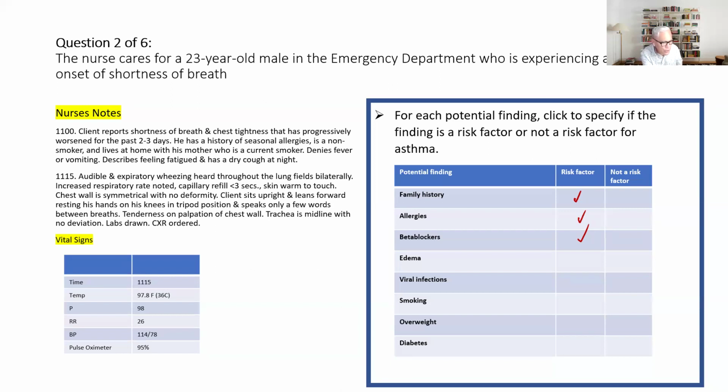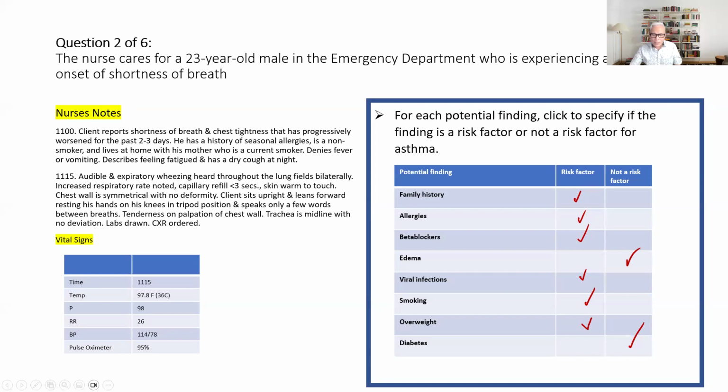Viral infections, smoking, obviously, is also a risk factor. And overweight is also going to be a risk factor. Edema and diabetes are not risk factors for the development of asthma. And so this one would be like that.